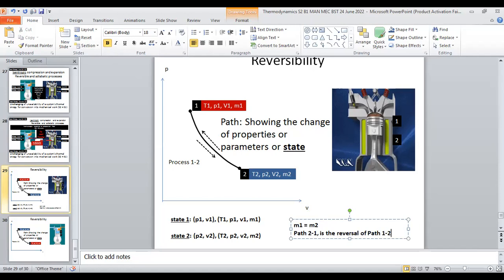Because this line contains small dots, all connected becomes a line, and each and every point represents a state. Okay, state S. So state changes from 1 to 2. So reverse path 2 to 1, the reversal of path 1 to 2.